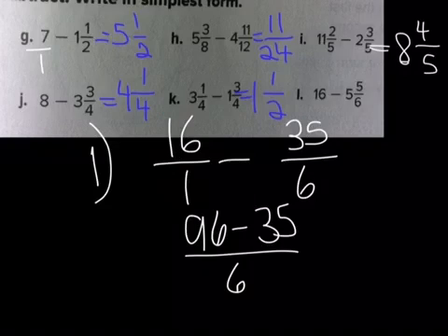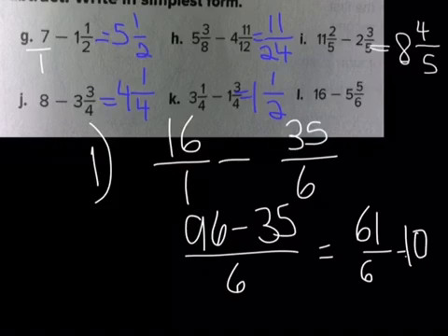I didn't have to change this 6, so I don't change that. And now I'm going to subtract: 96 minus 35 equals 61, over 6. How many 6's are in 61? I have 10 of them with 1 left over. 10 and 1/6.